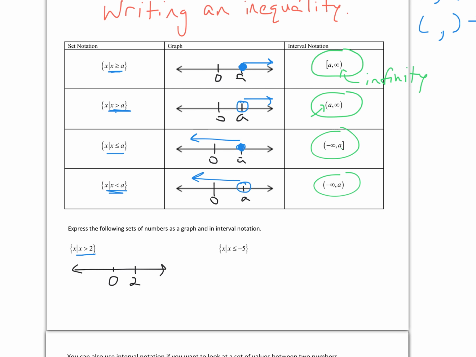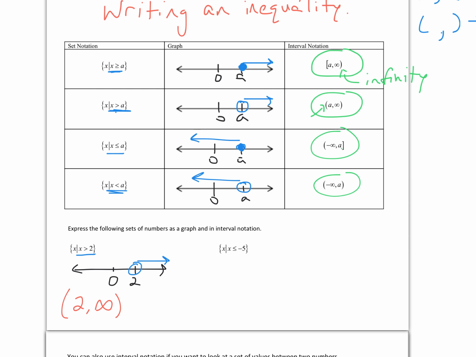If it's greater than 2, open circle at 2. Anything greater than is a solution. Interval notation. Well, it goes from 2 is the starting point of the number line, all the way up to infinity, always an open parenthesis at infinity. 2 is also a parenthesis because we're not including it.